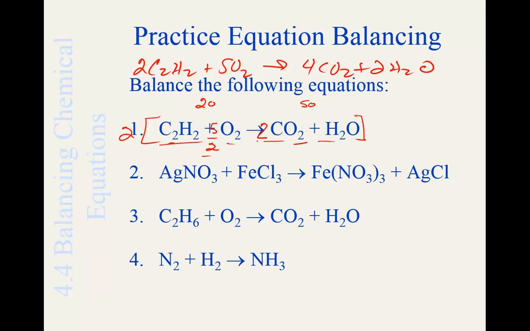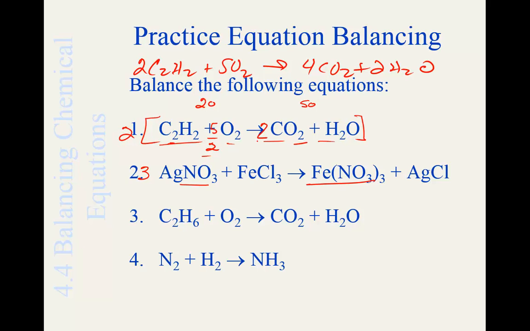All right, next equation, we have a double replacement reaction. So I would focus on this. I think it's the most important. And so iron 3 nitrate. And so notice there's 3 nitrates. Now what's neat about this nitrate, this polyatomic ion, is it remains intact. So I'd balance this as a whole. So I put a 3 out in front of this. That'd give me 3 nitrates. And I would then look at the iron, and we see that we've got the same number of iron on both sides.